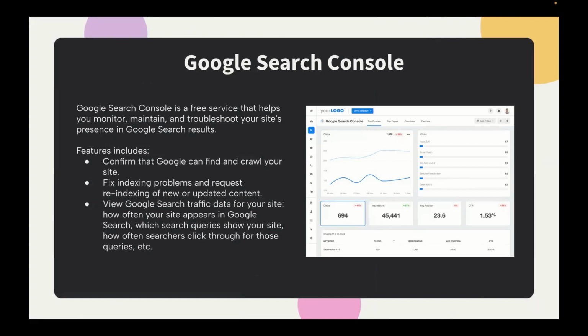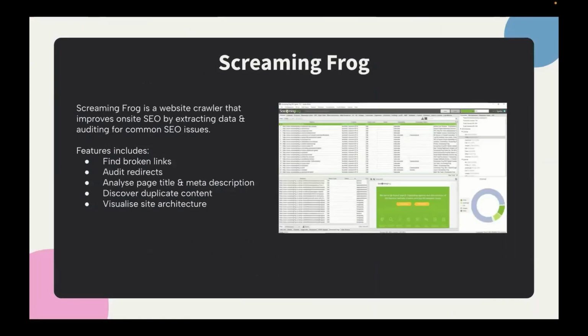The next one, which is also a little daunting, I think, for people who haven't used this tool before, is Screaming Frog. This is a website crawler that is able to do an audit of your site, and again, features some helpful tips and tools to get you to improve your SEO.